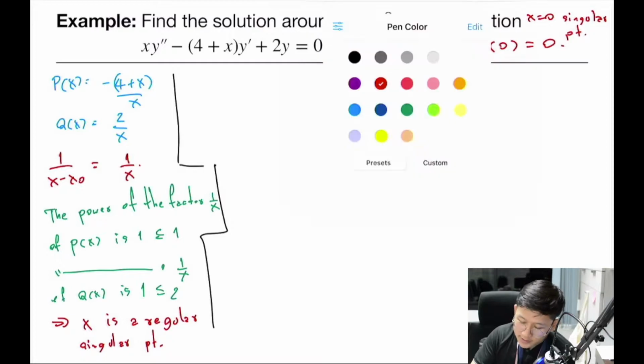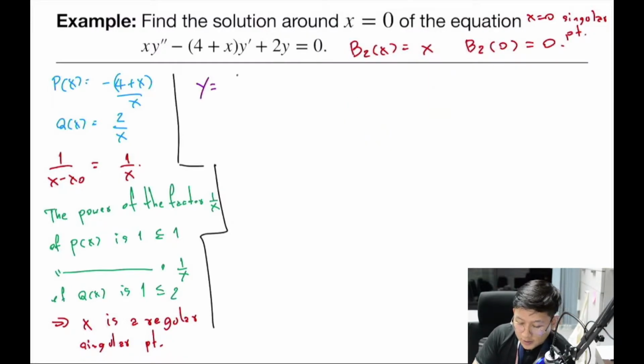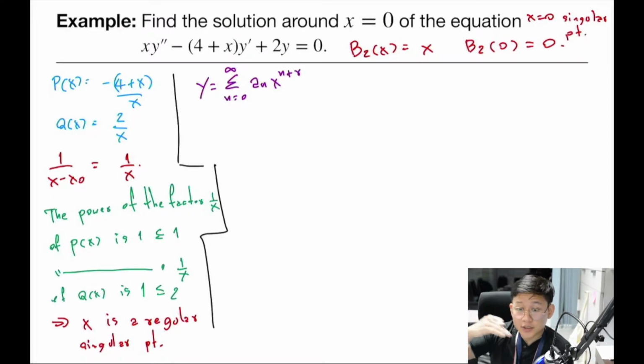Right now we can write y as summation n from 0 to infinity of a_n x to the n plus r. Guys, this is what we have been doing so far, exactly the same as in the previous section.